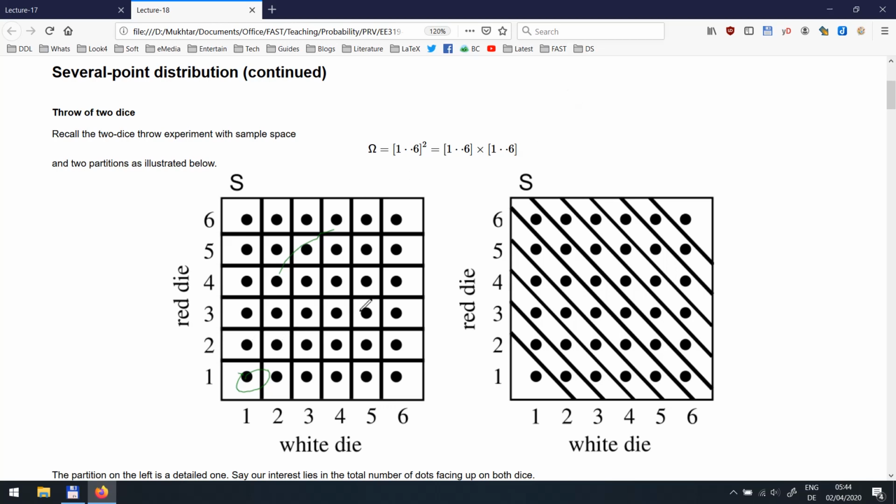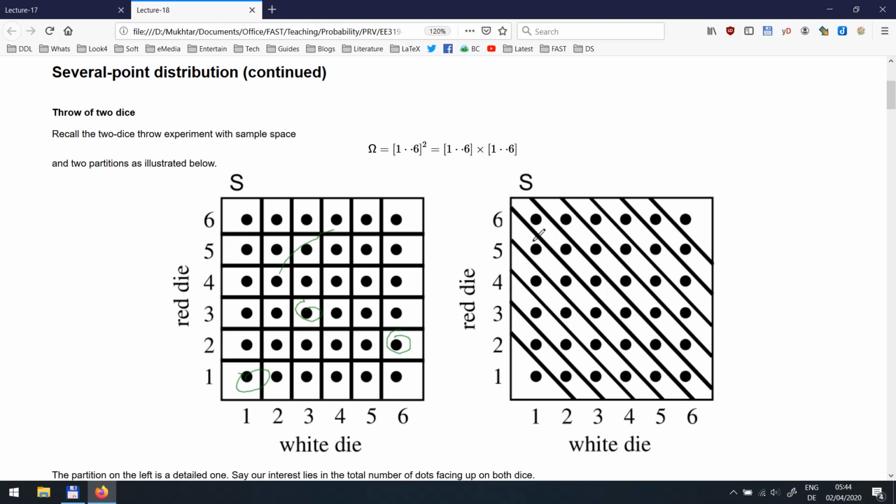So if you have a white die and a red die, for example, what would this correspond to? This would correspond to 3 dots on the white die and 3 dots on the red die. This would correspond to 6 dots on the white die and 2 dots on the red die.